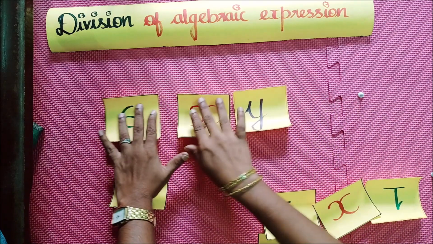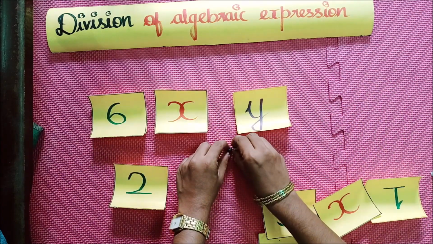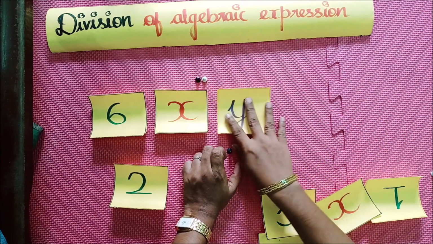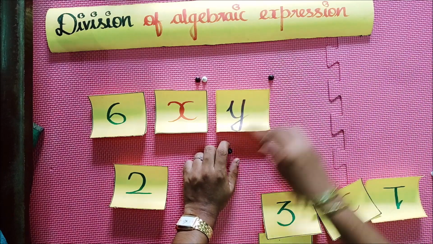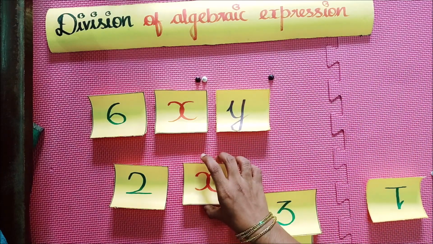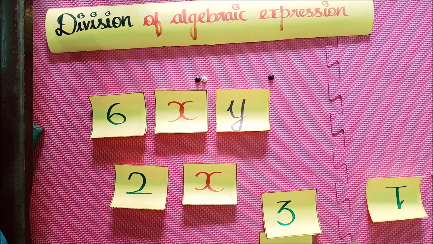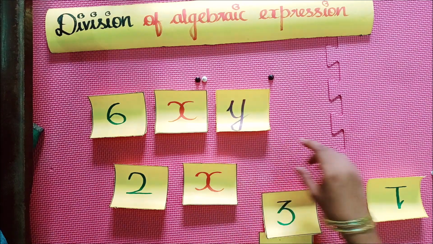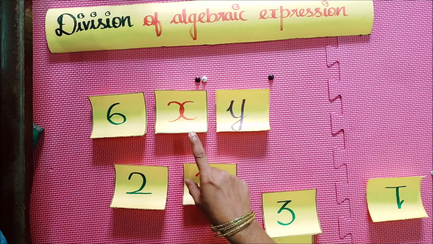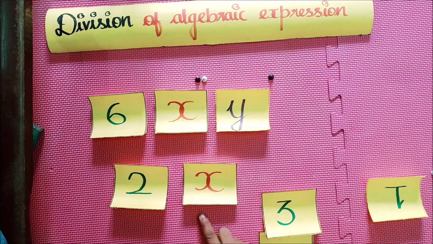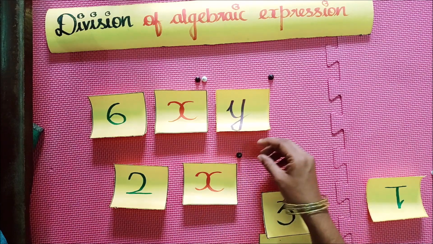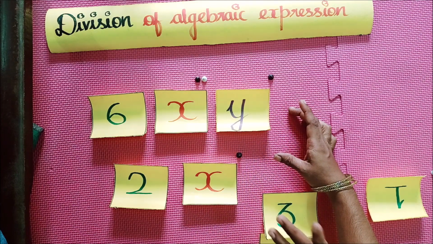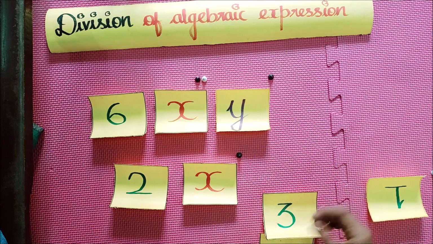If the question is 6x squared y power 1 divided by 2x, what will we do? So listen, for this first check, here the numerator also has x and the denominator also has x, but the numerator only contains y, the denominator doesn't contain y.